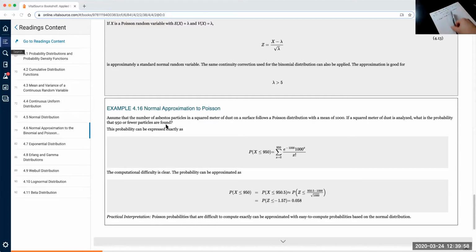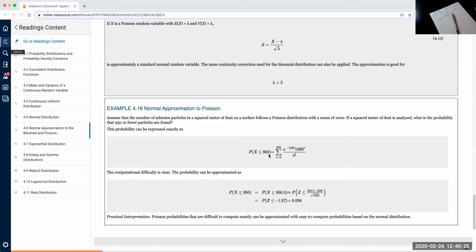As you can see, the probability that x is less than or equal to 950 is going to be the sum of e to the negative lambda t times lambda t to the x power. Here t must be 1, because in this problem t means the area, which is just one square meter.